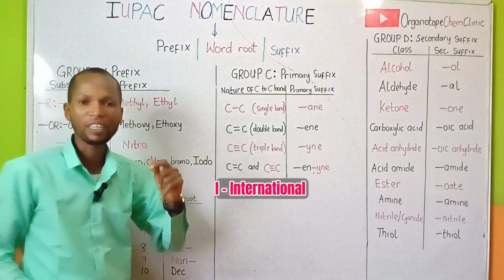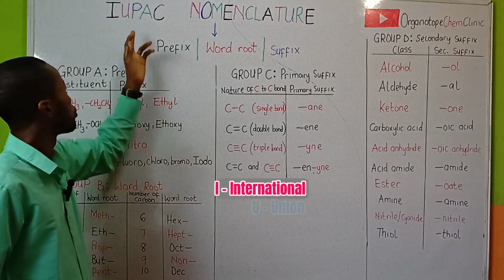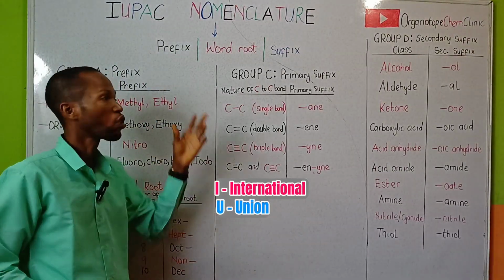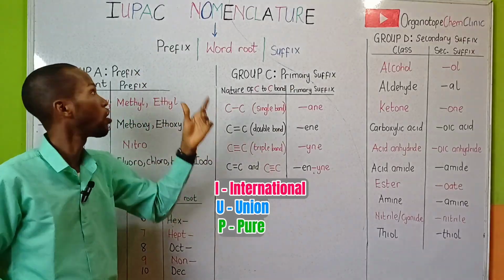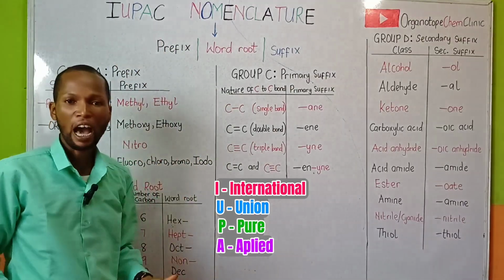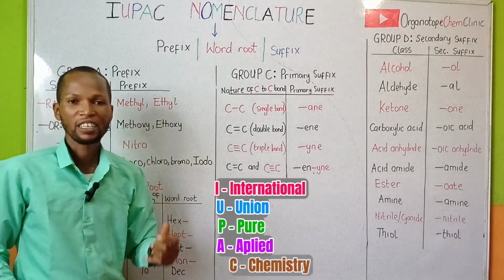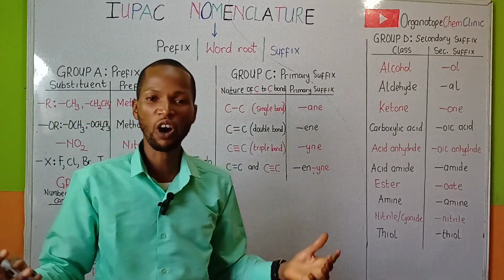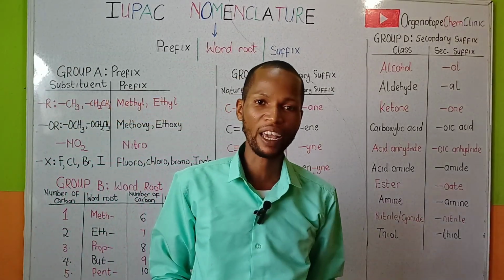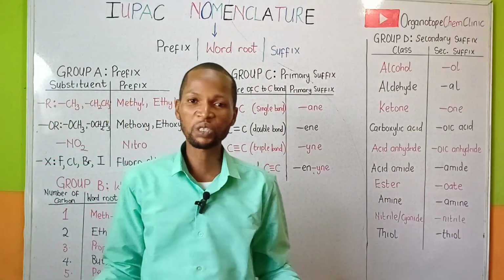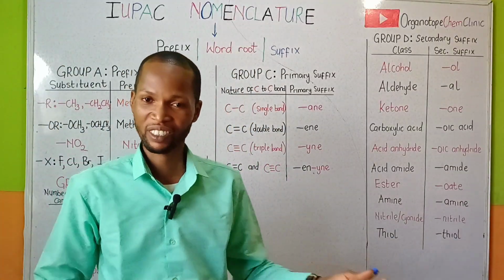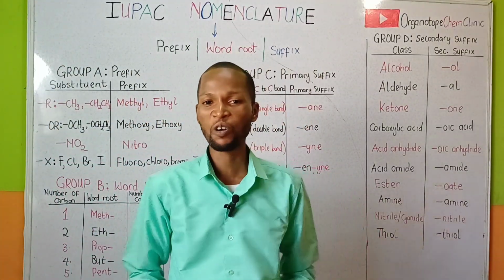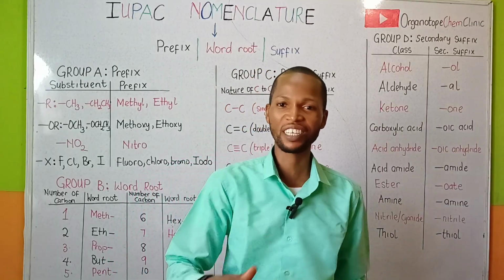I is International, U is Union, P is Pure, A is Applied, and C is Chemistry, which implies International Union of Pure and Applied Chemistry. So from this moment, grab your notes, stay with me, and let's turn IUPAC nomenclature into your easiest chemistry skill.